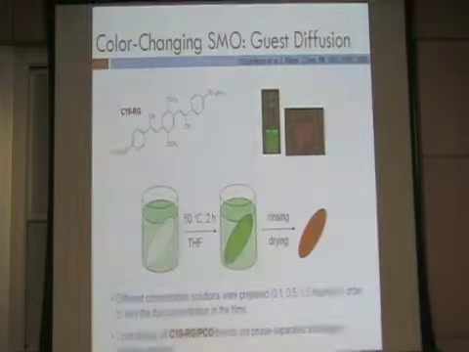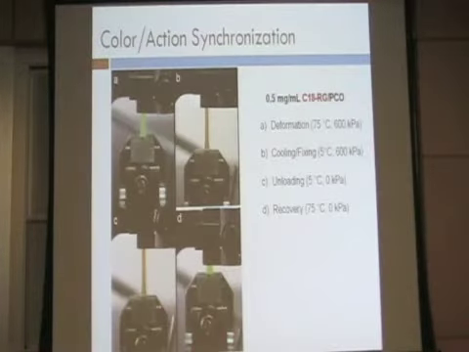And so when we combined these materials, we found that the shape memory went in sync with the color change. In the high temperature state where the dye exists as a so-called monomer, it fluoresces green. Once we stretched it and cooled back to room temperature, excimers form and it fluoresces in a red state.